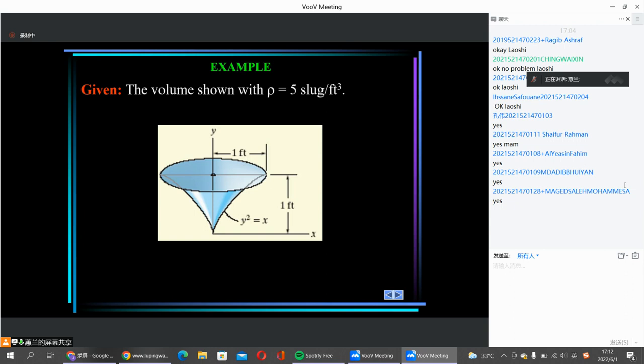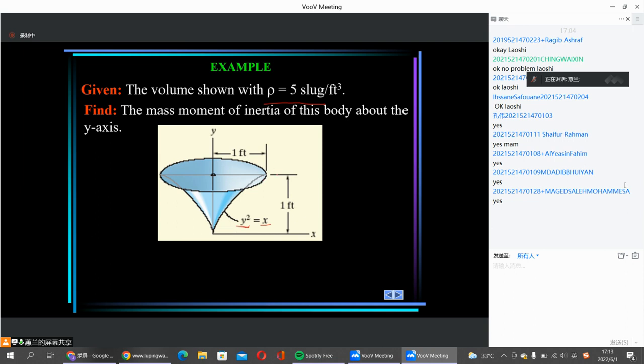Just like we give an example here, the volume shown has a density equal to 5 per cubic foot. We need to find the mass moment of inertia of this body about the y-axis. So the density is given. Here y is given as a function of x.